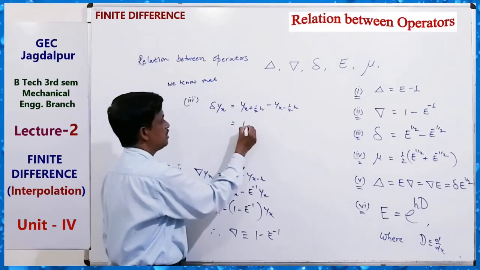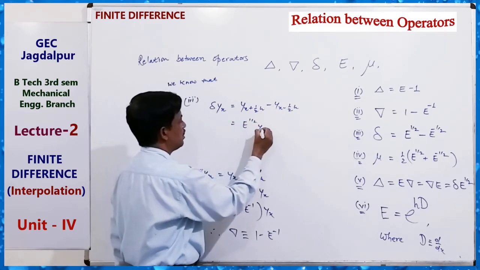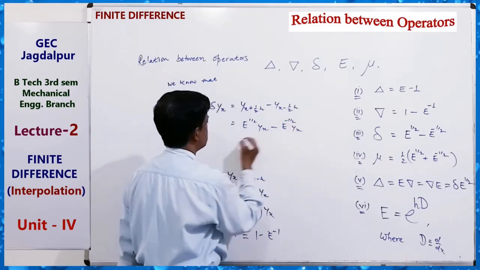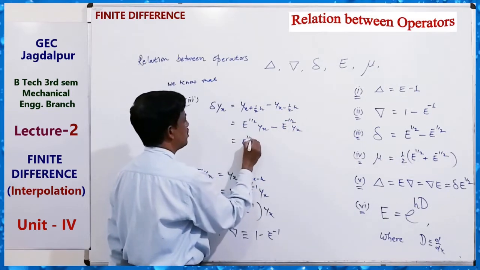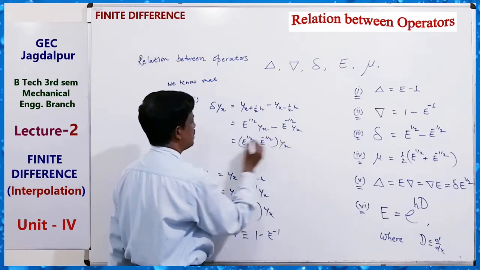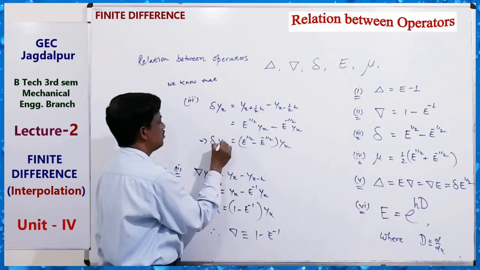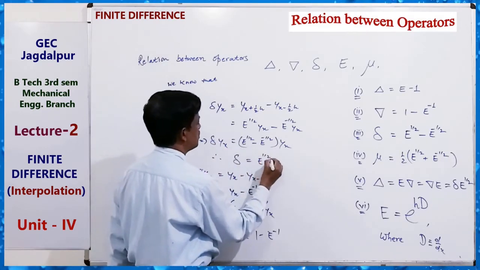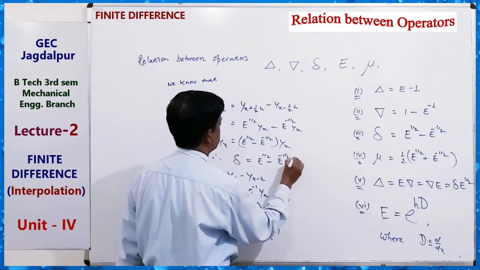So it can be written as E power half yx minus E power minus half yx. So E power half minus E power minus half, yx, central δ yx. Therefore central δ equals E power half minus E power minus half.